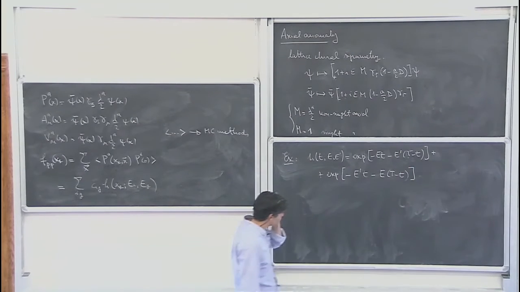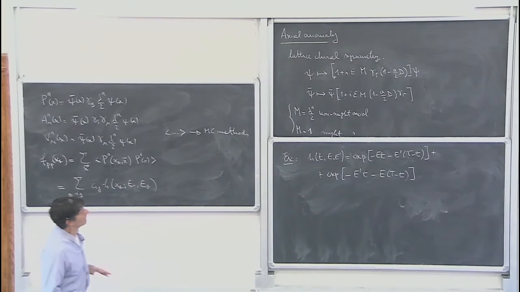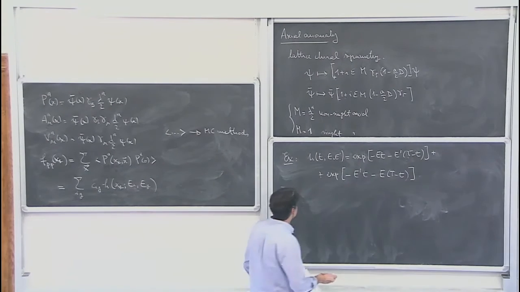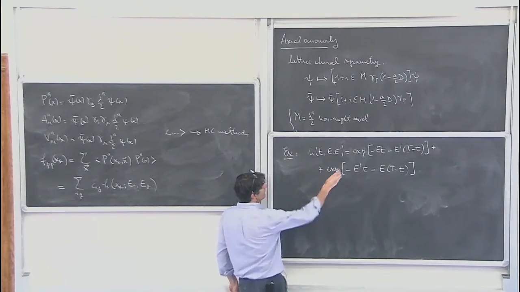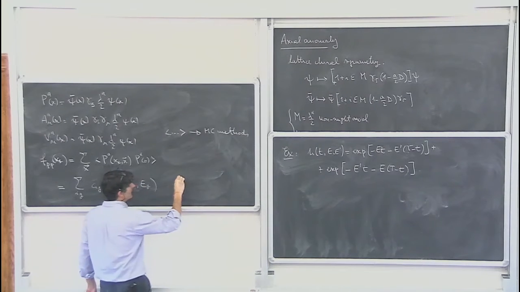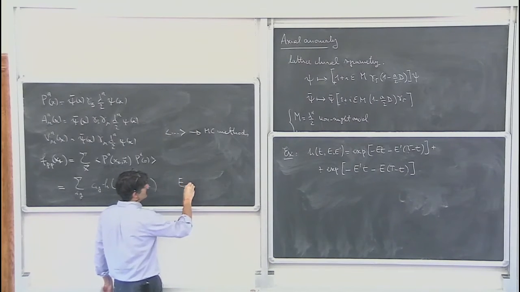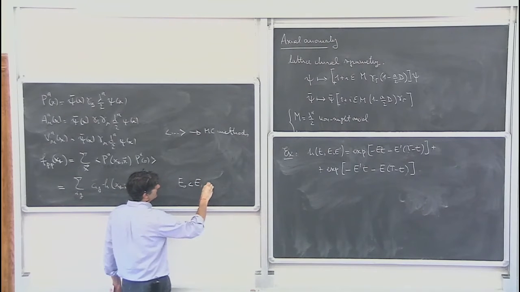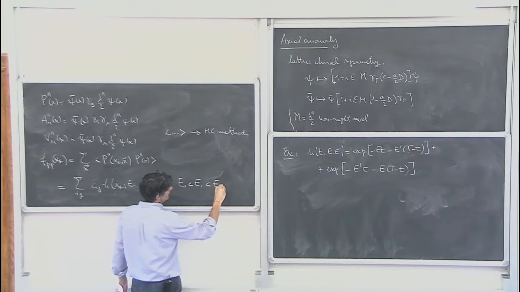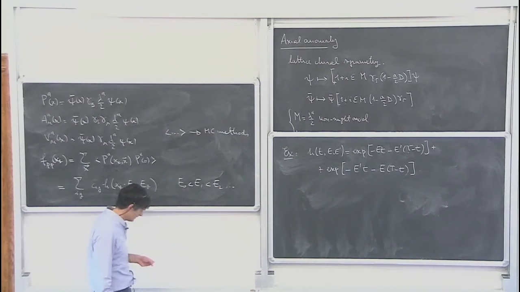Now, the energy eigenvalues here are ordered, so E0 is your ground state, which is set equal to 0. E1 is the lowest energy state, and so on.